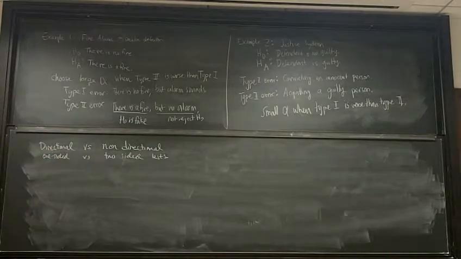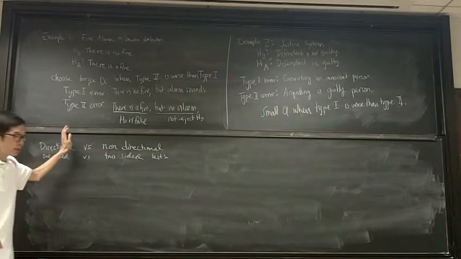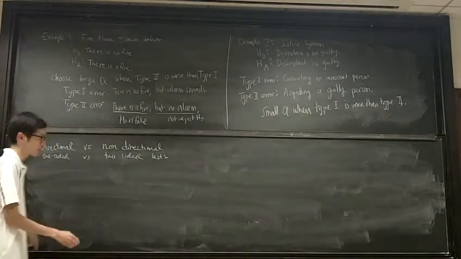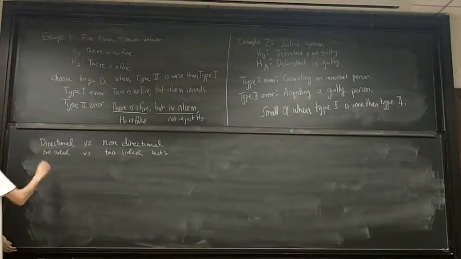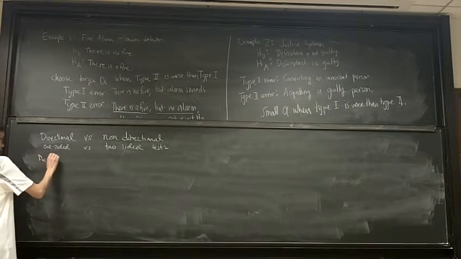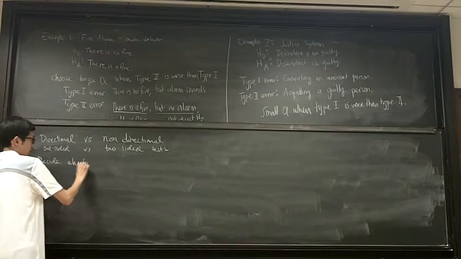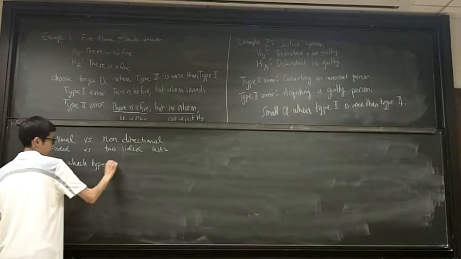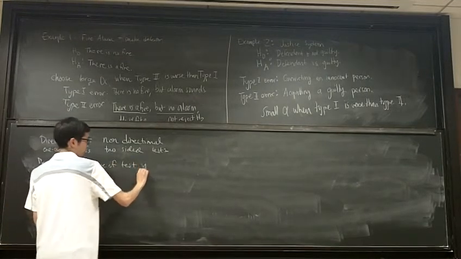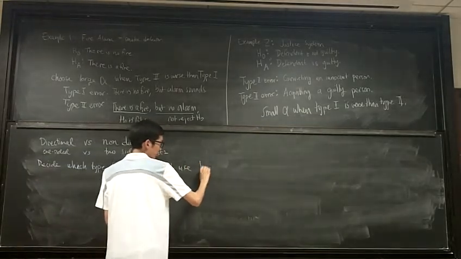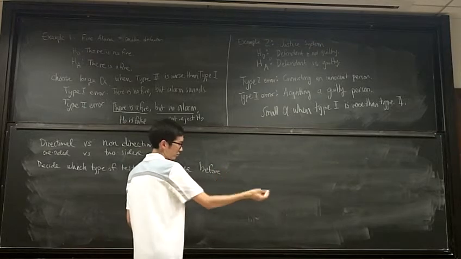You need to decide whether or not you're going to use a one-sided or two-sided test before gathering your data, okay? So as the researcher, you decide which type of test you will use before gathering your data.